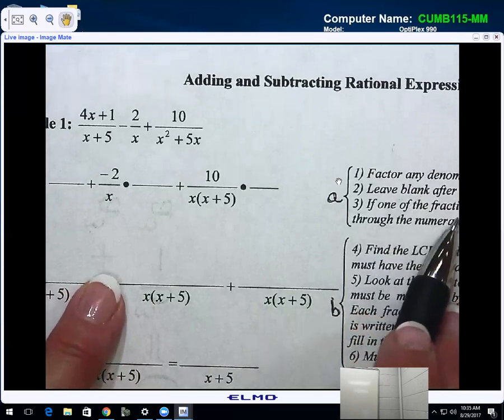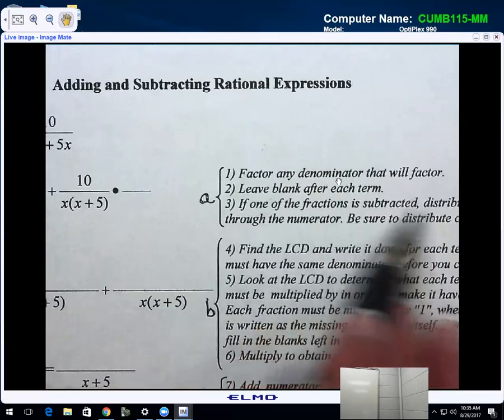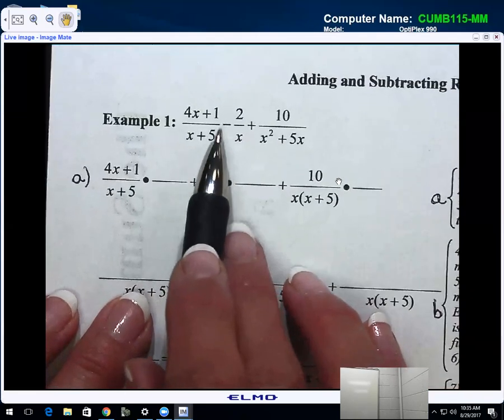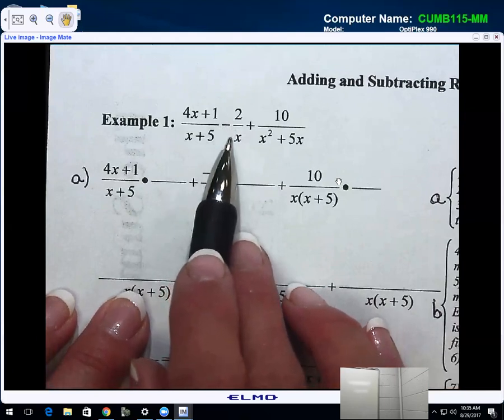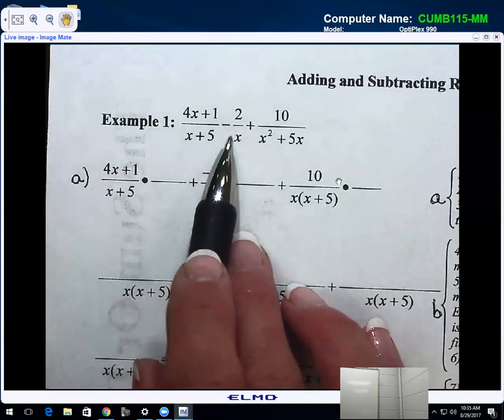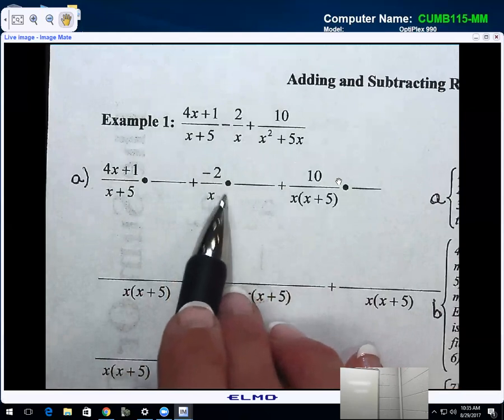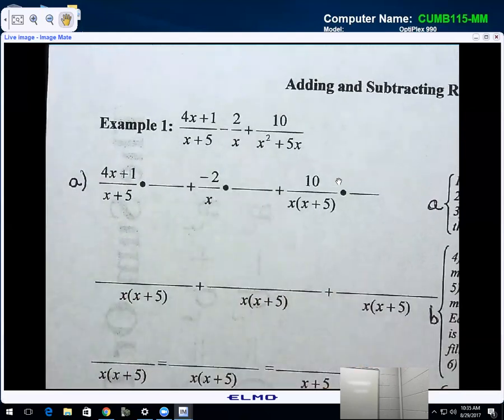If one of the fractions is subtracted, distribute the negative through the numerator. This original problem had -2/x. If I leave that minus out front, I may forget to distribute it later. So in this step A, I changed it to plus -2/x to help me remember to distribute that negative completely.